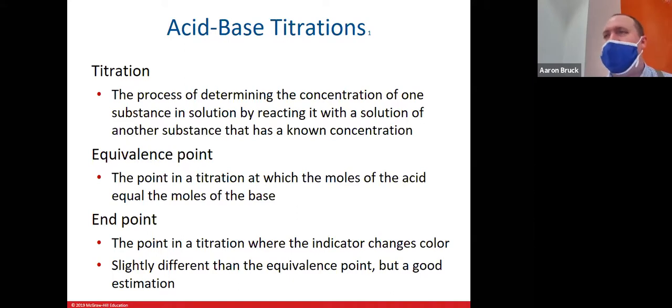There are other kinds of calculations that we would have to do. But if I'm trying to figure out the concentration of a solution by using another solution to do it, a titration is the primary means of doing that. Now, the most common types of titrations are acid-base titrations, where I've got an acid and I've got a base, and I'm using them to try to figure out one's concentration against the other.